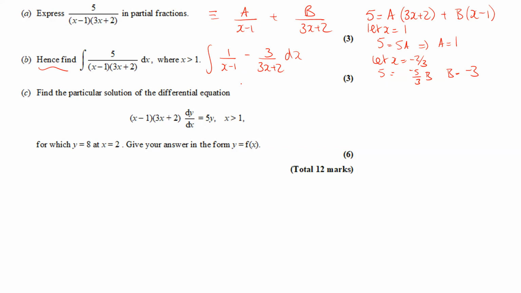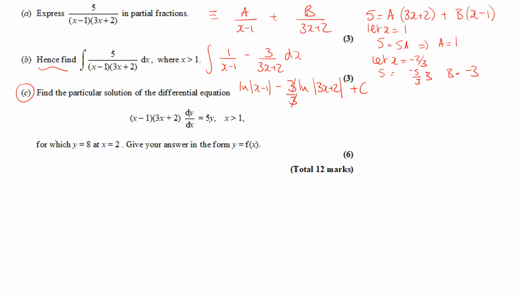Integrating this is 1 over here, it's the ln of x minus 1. And then minus 3, the ln of 3x plus 2. But then thinking about compensating for the chain rule, we're going to have a divide by 3. So they're going to cancel. And then we're just going to have plus c.